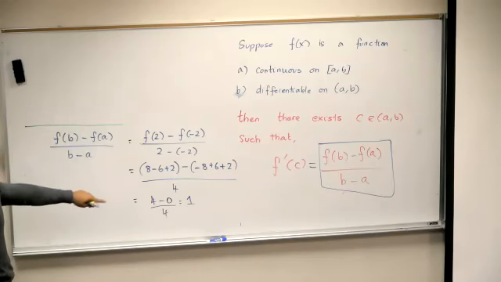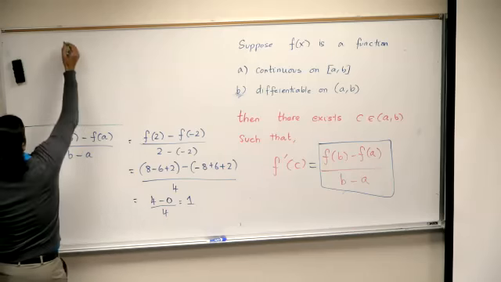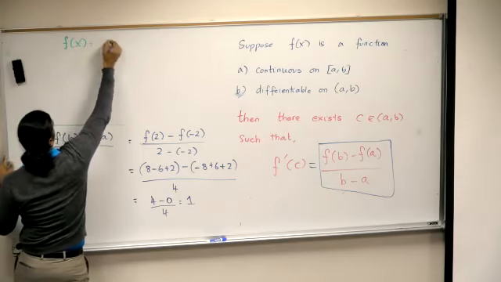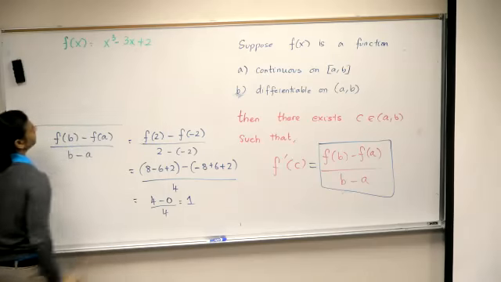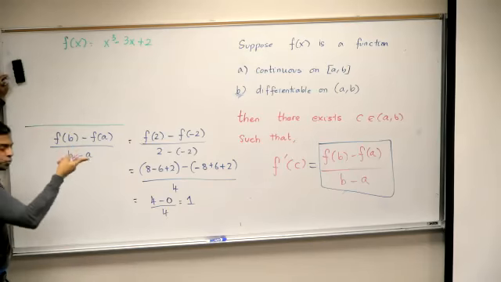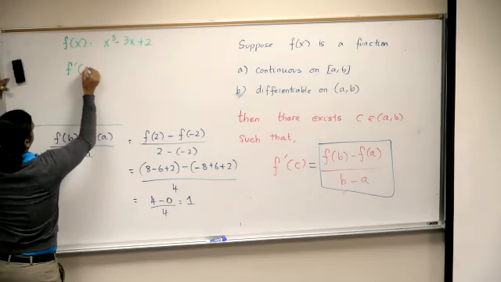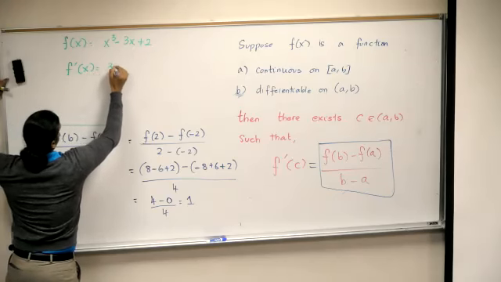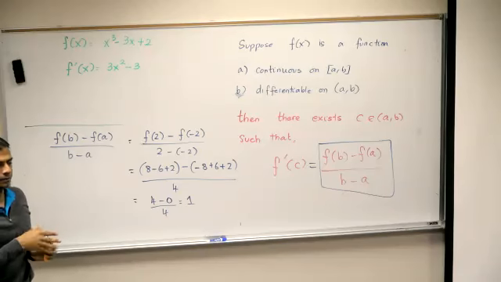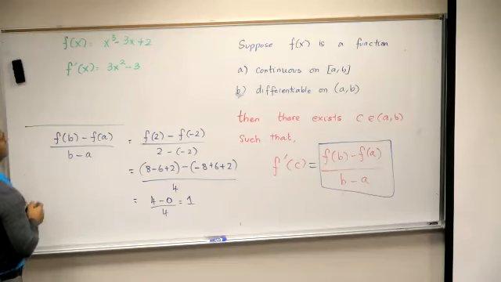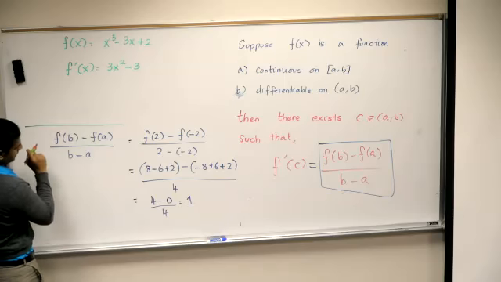So I need to find a point c where the derivative of this function, x cubed minus 3x plus 2, would equal 1. So I'm going to take the derivative: 3x squared minus 3, derivative of 2 is 0.